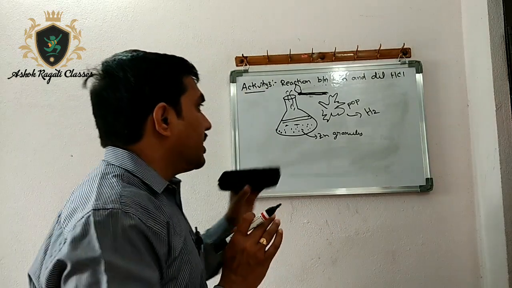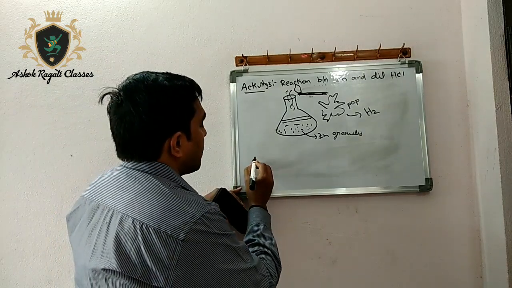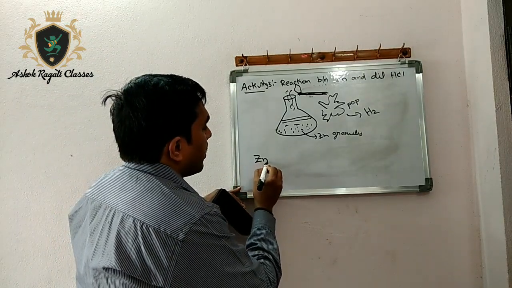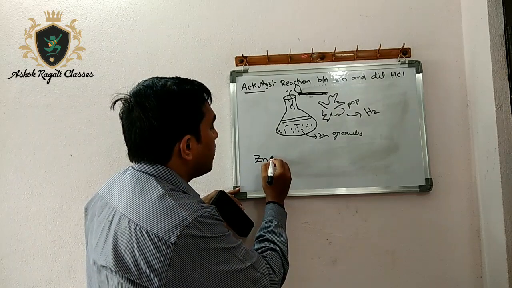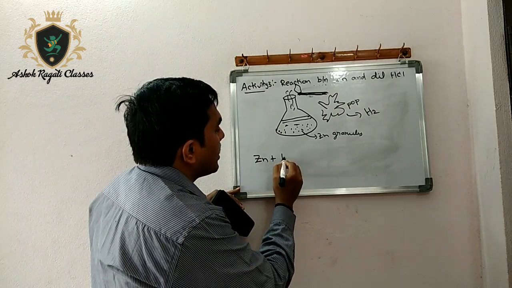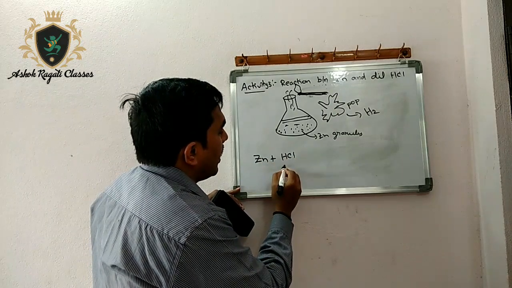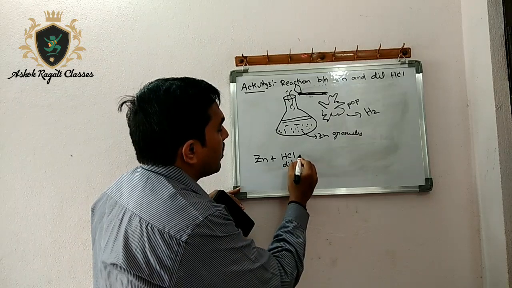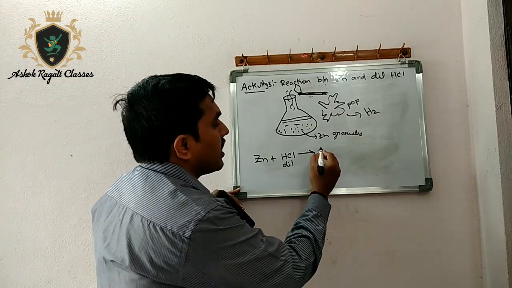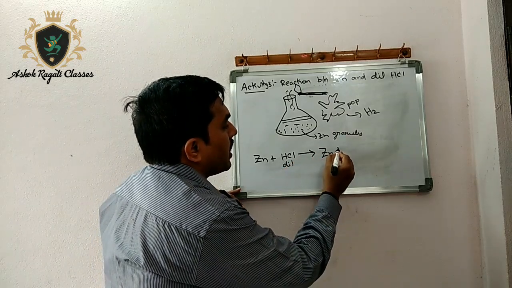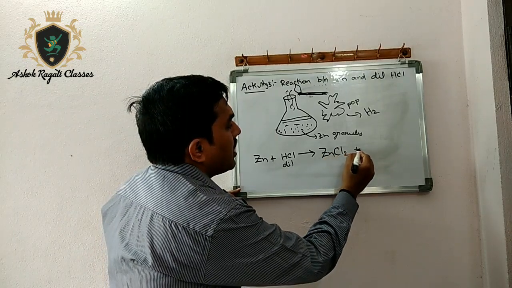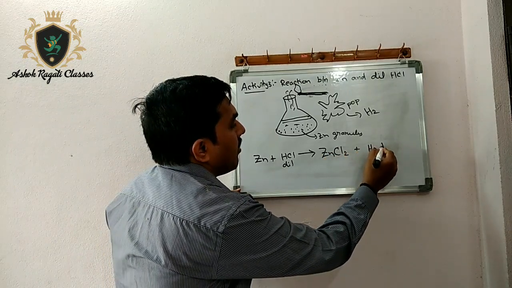So now let us see the reaction between these. Zn, zinc plus dilute HCl, I am indicating here dilute, produces ZnCl2 plus hydrogen gas is evolving.